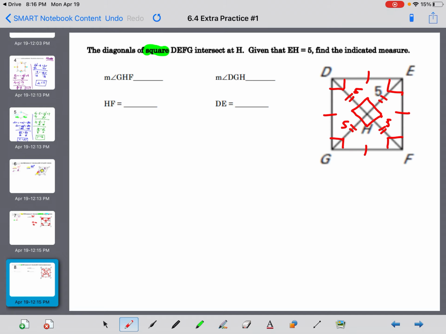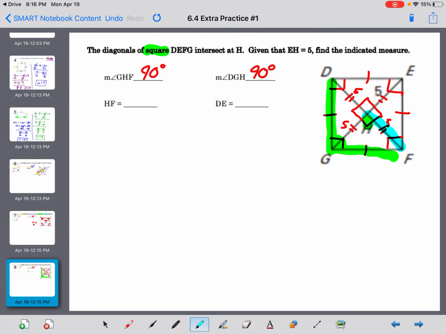Okay, so the measure of GHF. Well, GHF is right here in the center, which we said, or marked, as 90 degrees. The measure of angle DGF, D to G to F, is another 90 degree angle. HF, well, let's see.